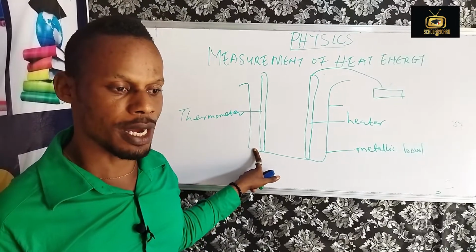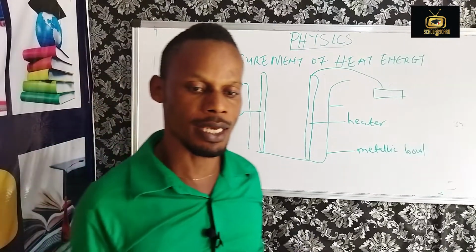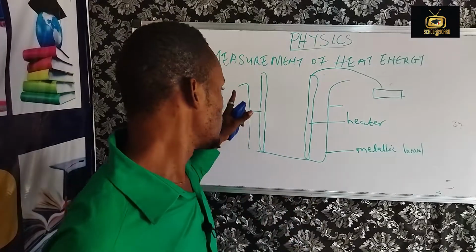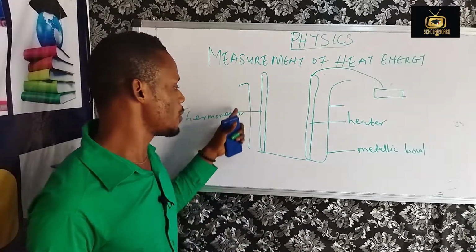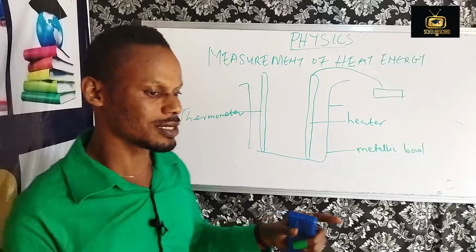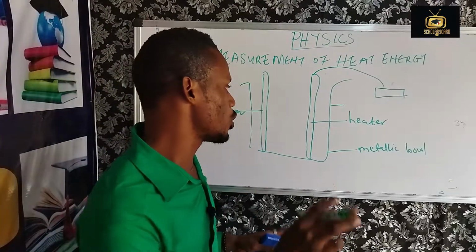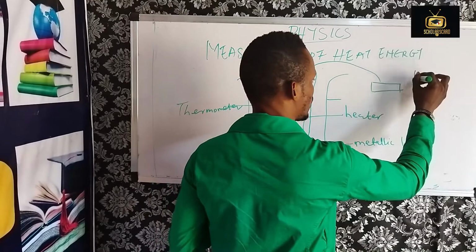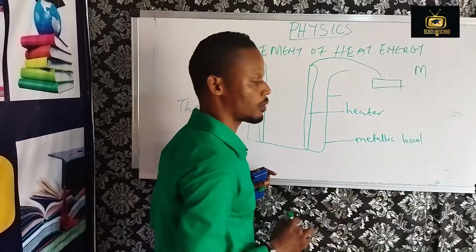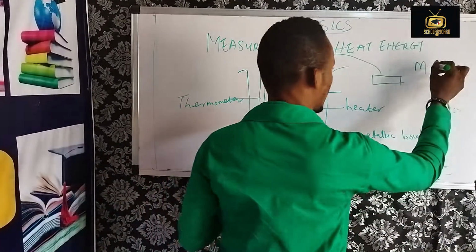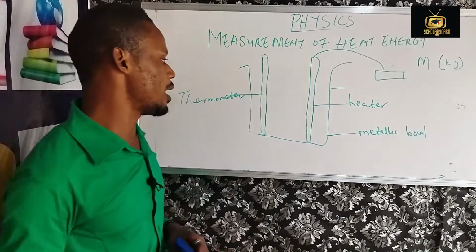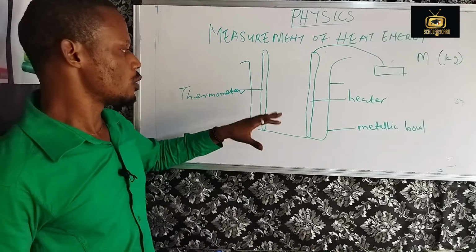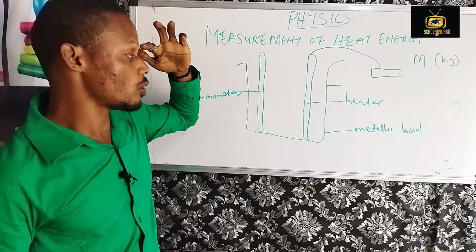Normally we use a beam balance or chemical balance to measure the mass of a substance. So first of all, you measure the mass of the metallic bowl and record the mass as M in kilogram.